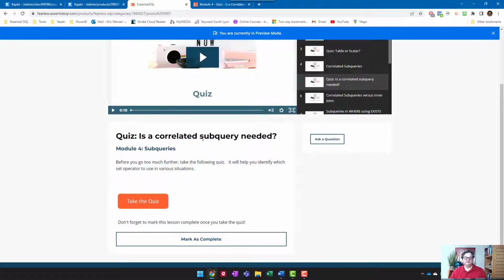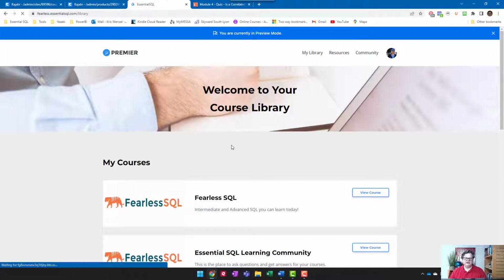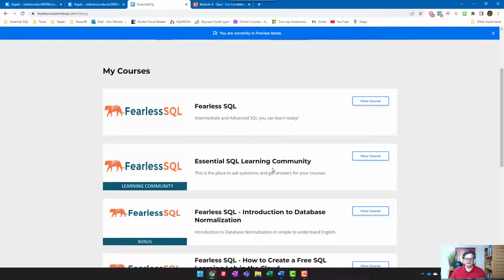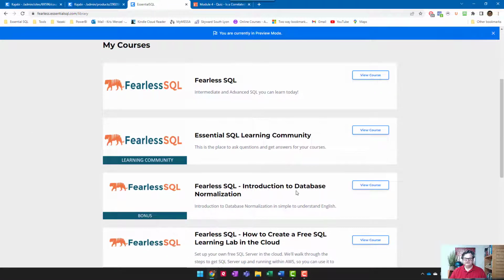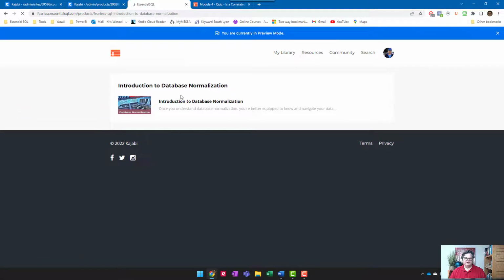They help reinforce. So you've got lessons, quizzes, and then there's also some resources for you, and then you can get to other bonuses. So depending on how you got brought into the course, if you're in the guided program, there's the community. Everybody gets the introduction to database normalization, which is a course on just understanding database normalization.